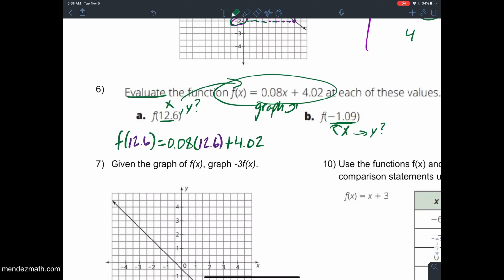And you just evaluate this function here. So this times this, and then you add this. So that'll give you your answer there.